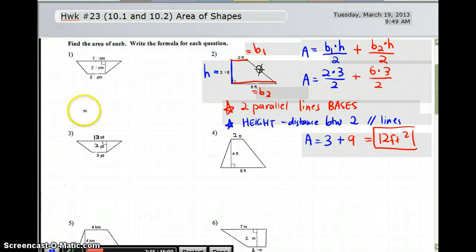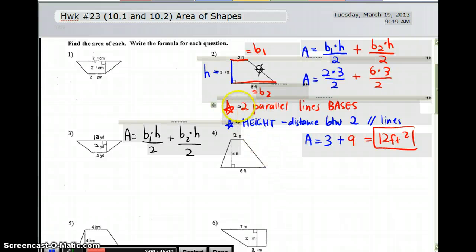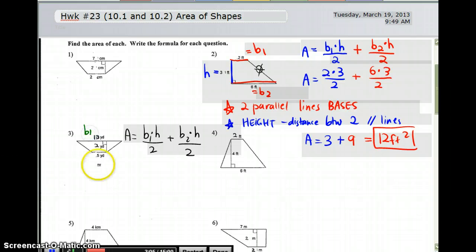Going down to number 3 over here, I'm going to use my formula. I'm going to rewrite that. Base 1 times height divided by 2 plus base 2 times height divided by 2. Okay, my bases are going to be the parallel lines, so that would be 13 base 1 and 5, so base 2.